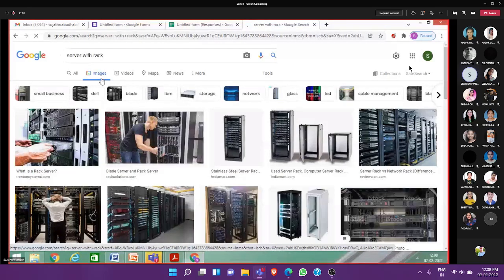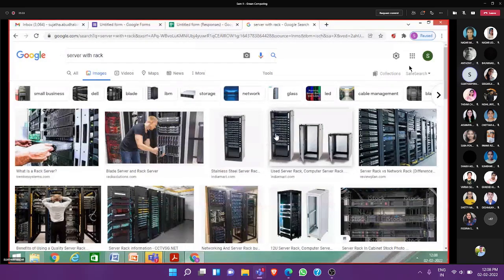See, so this is one server. See here also the server. Rack means it is partitioned into many, so that is known as a server rack. Like the rack you have at home, like that.